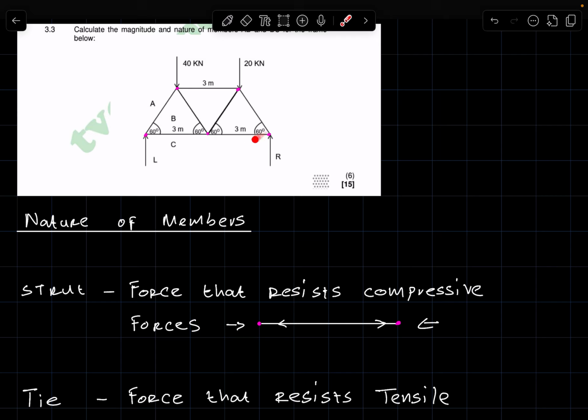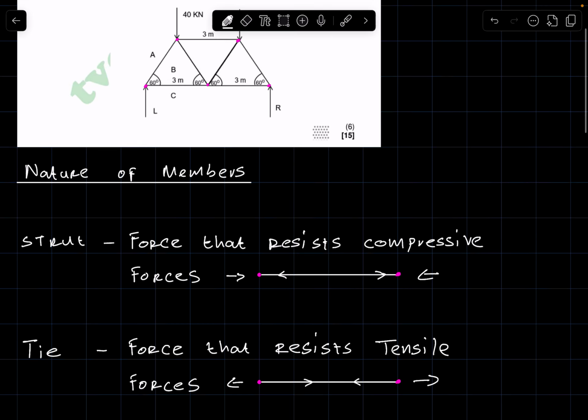So we don't necessarily need R, but we do need L. And because L hasn't been given to us, we are going to apply conditions of equilibrium to get the magnitude of L. The direction has already been given to us. It's up. So using the law of moments, we are going to determine the external force, R.